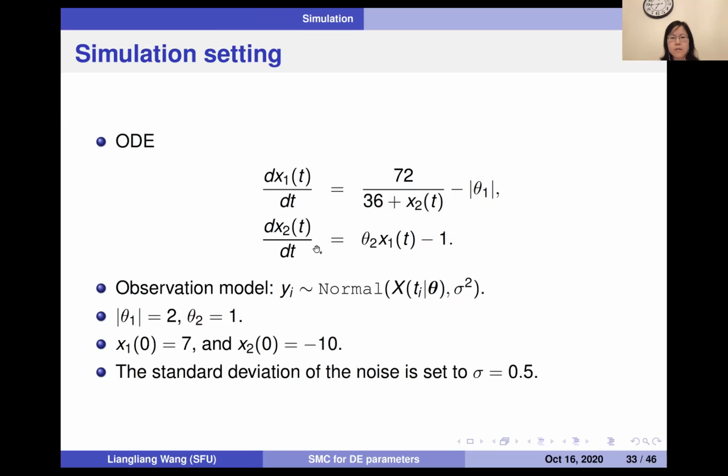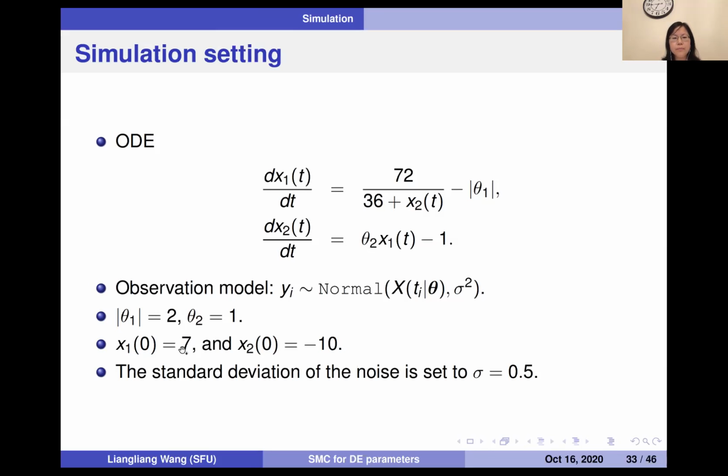For the second equation, we have theta 2 as a parameter, and in the simulation setting, we have a true value: the absolute value of theta 1 is equal to 2, and theta 2 is equal to 1. We needed to specify the initial states to simulate the data.